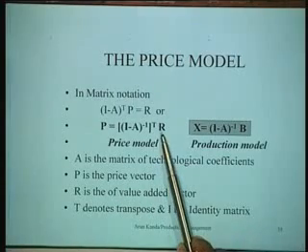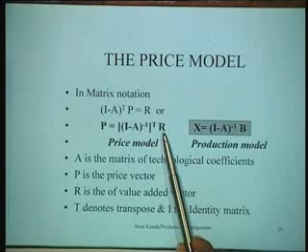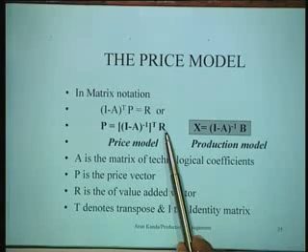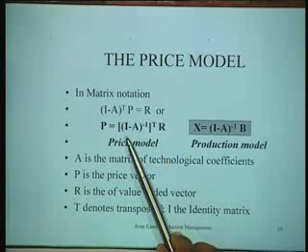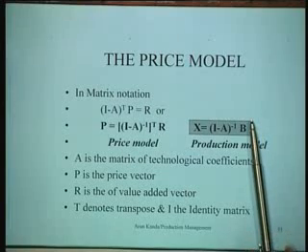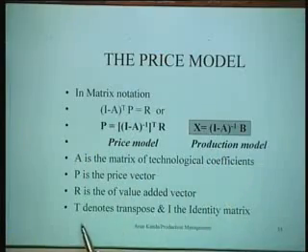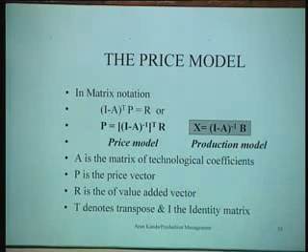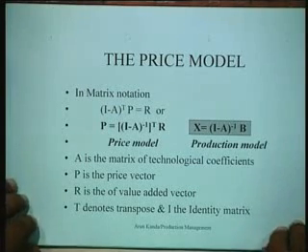So if, for instance, the government gives concessions to the agriculture sector, and you know how much concessions are being given, you can calculate immediately what is going to be the impact of this concession on the overall pricing in the economy for the different sectors. That, I think, is a very, very useful way of interpreting this. So this was intended to give you an idea of the price model as well as the production model of Leontief.